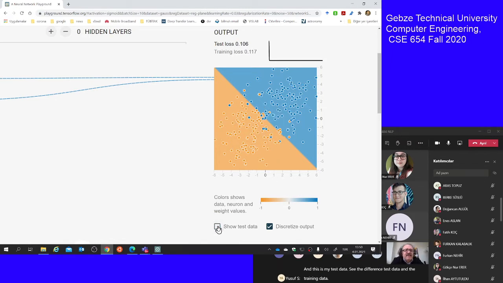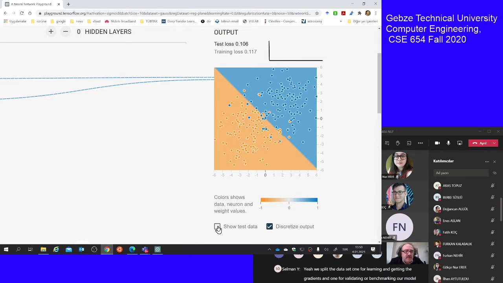What is test loss and what is training loss? Can anybody tell me? We split the dataset, one part for learning and getting the gradients, and one for validating or benchmarking our model.